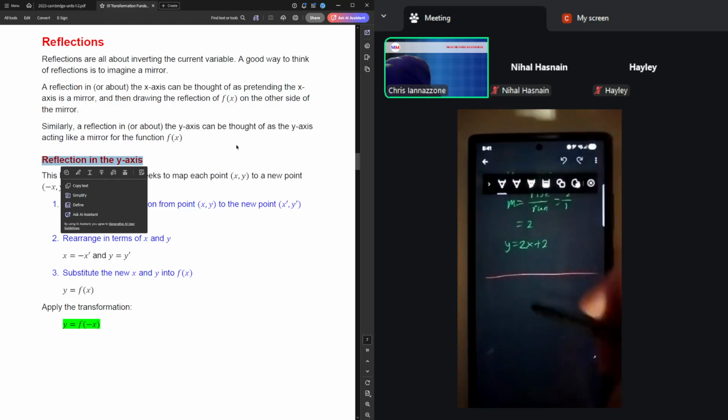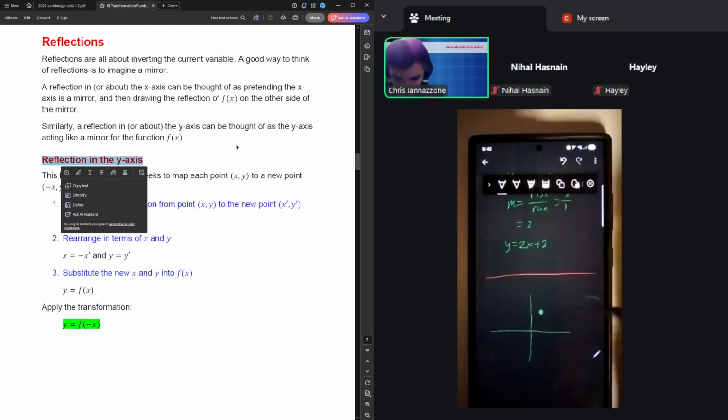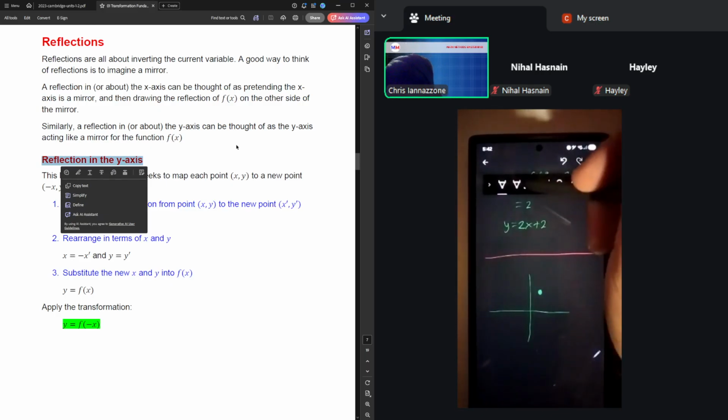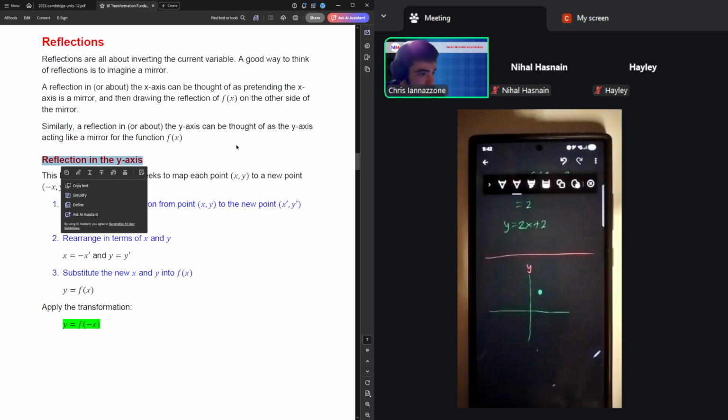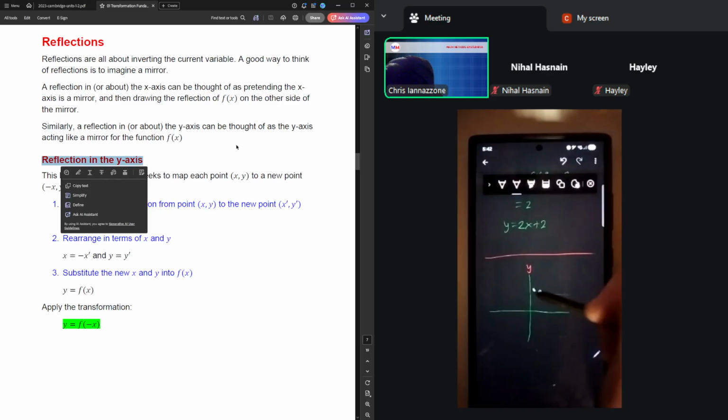So basically, you would have your axis, you would have a point. And if you're reflecting about or in the y-axis, what you're essentially doing is pretending the y-axis is the mirror.